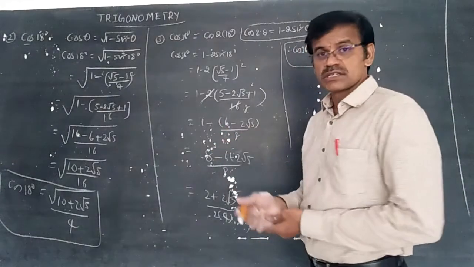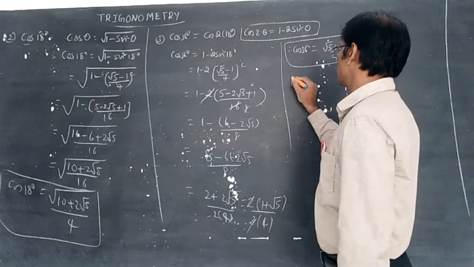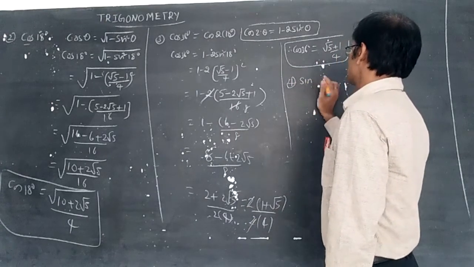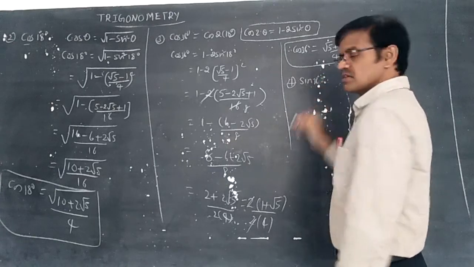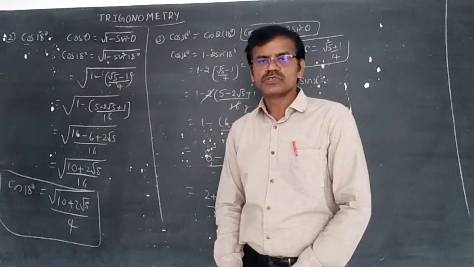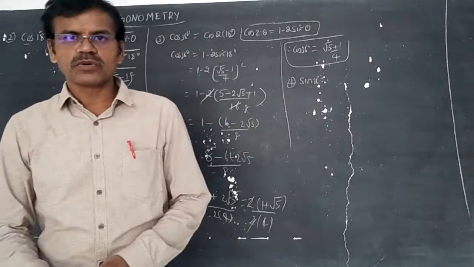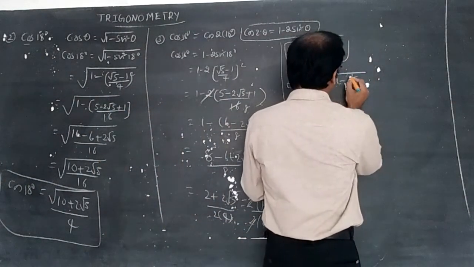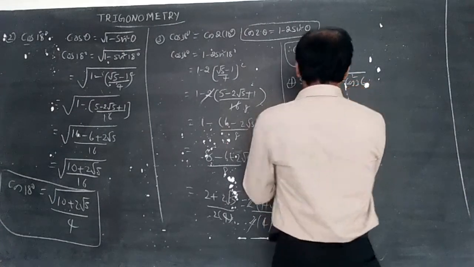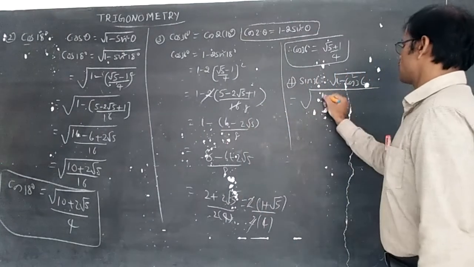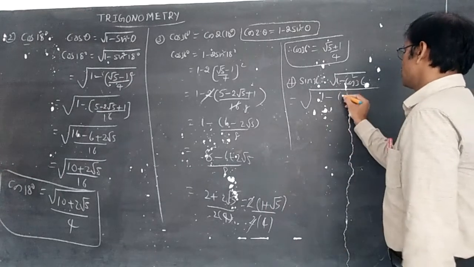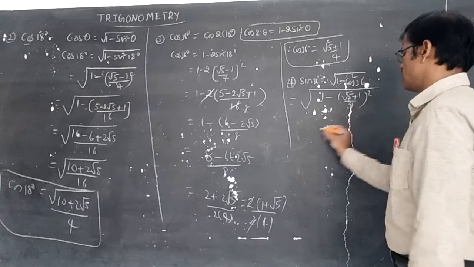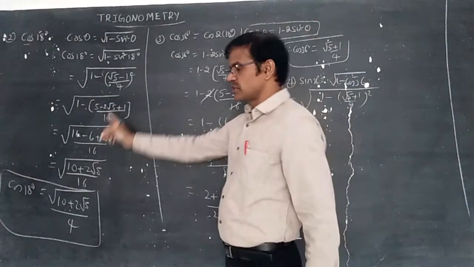Now let us discuss sin 36. Sin 36 value, using the sin theta formula, root of 1 minus cos square theta. You write directly root of 1 minus cos square 36. So root of 1 minus, just now we proved, (root 5 plus 1) whole by 4 whole square. Same concept, students.